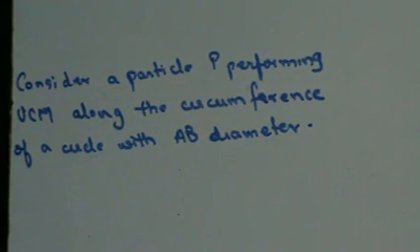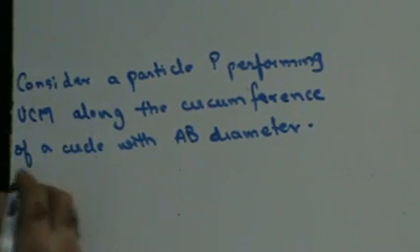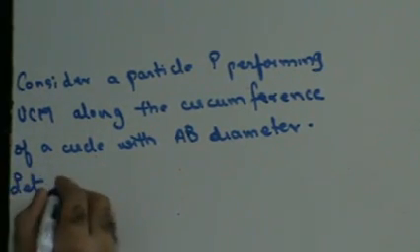Now, let us assume that let M be the particle which always remains at the foot of the perpendicular drawn on AB. I'll draw that and show to you, just give me a minute.